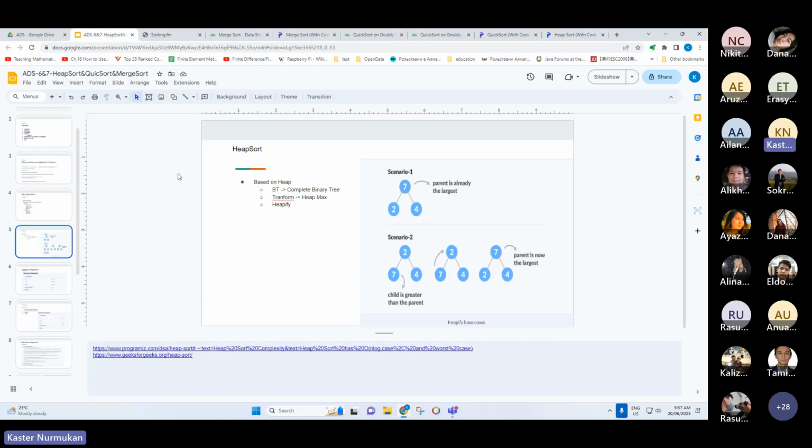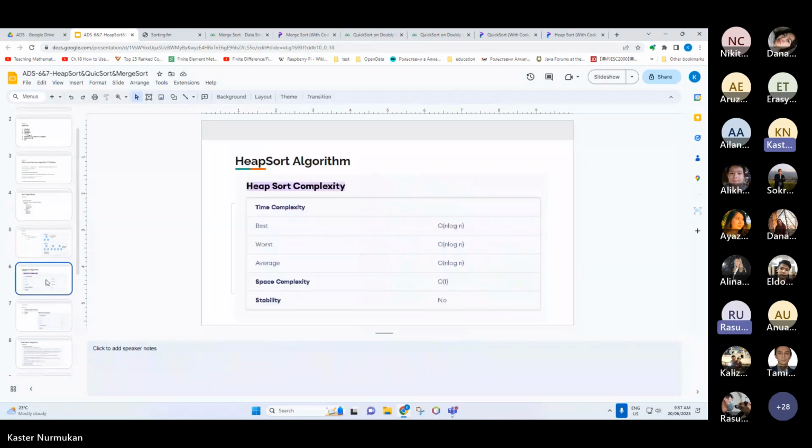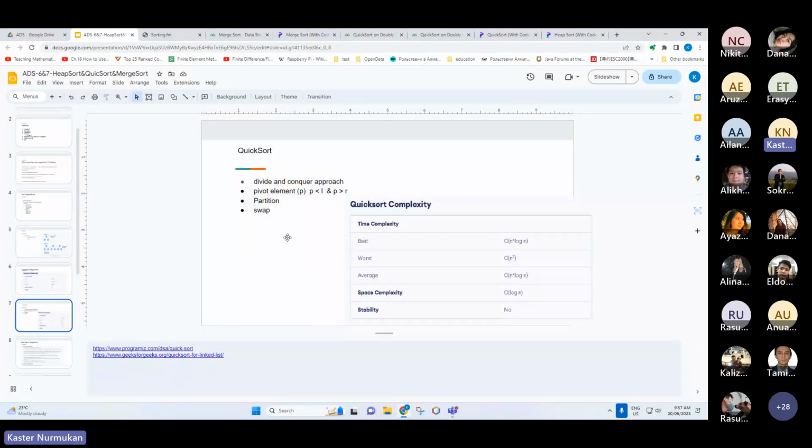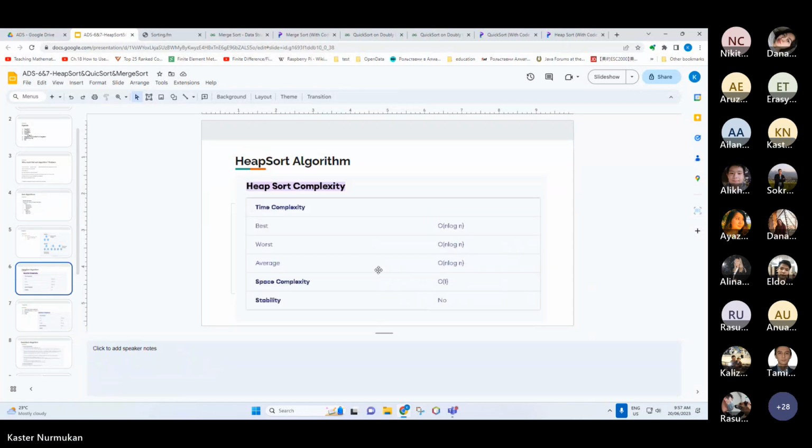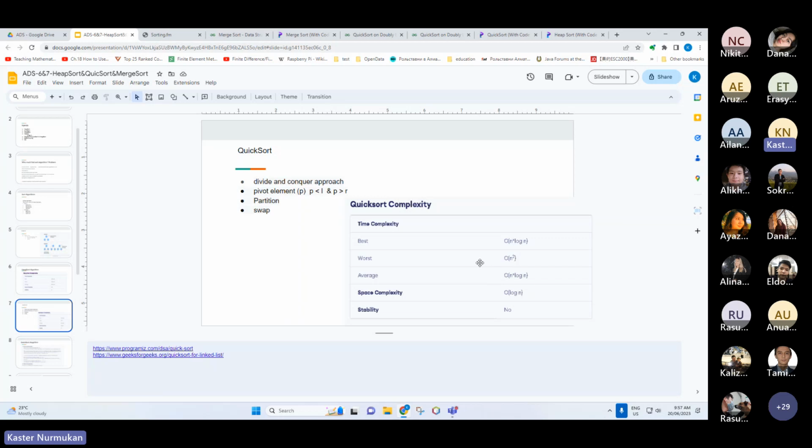That's Heapsort. Now the next thing is Quicksort. How does the Quicksort algorithm work? As you can see, Quicksort's best case is n log n time, and average case is n log n time, the same as Heapsort, but one thing: the worst case is quadratic time.